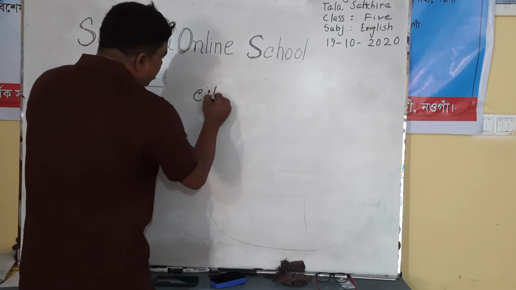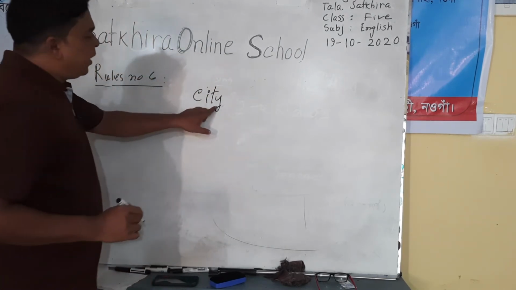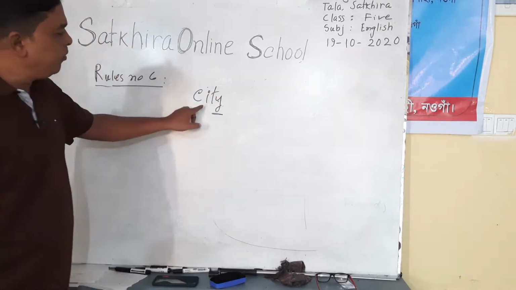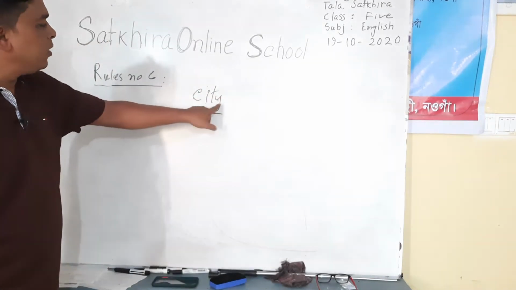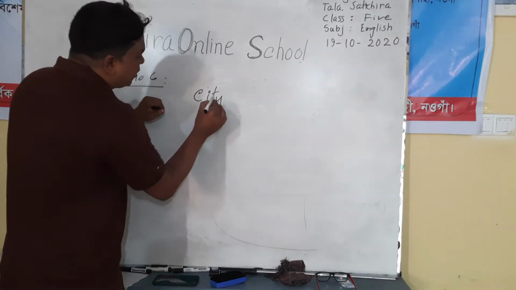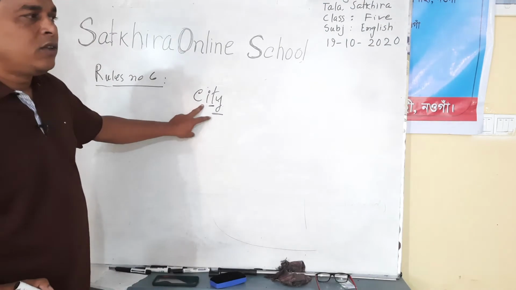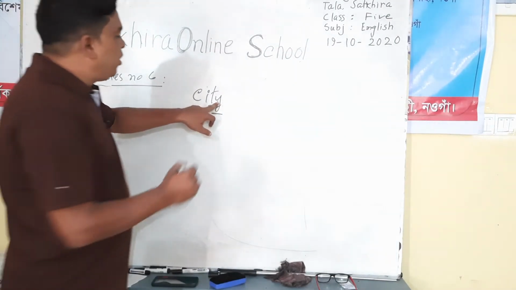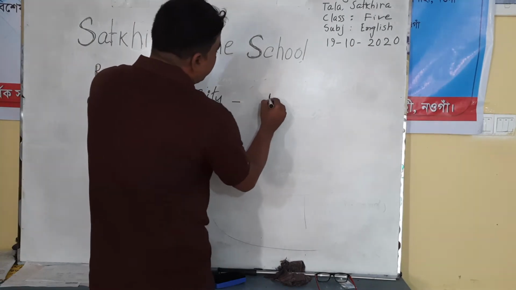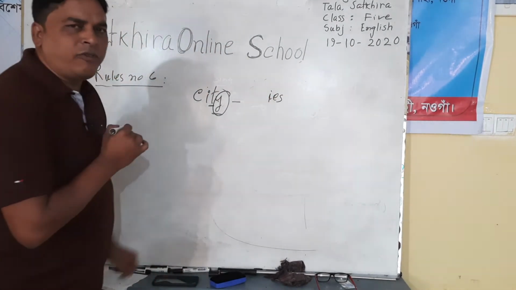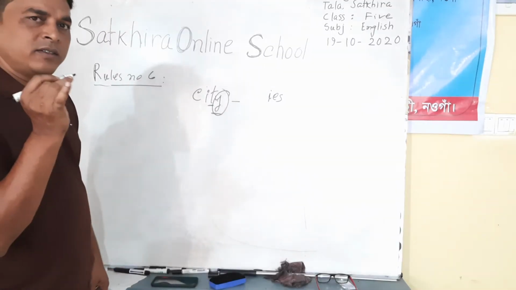Like city. If the last letter is Y and before the last letter there is a consonant, then to change it to plural form we add is in lieu of Y. Clear?